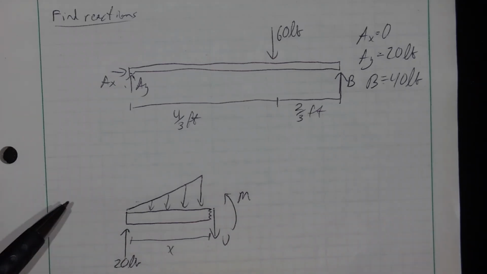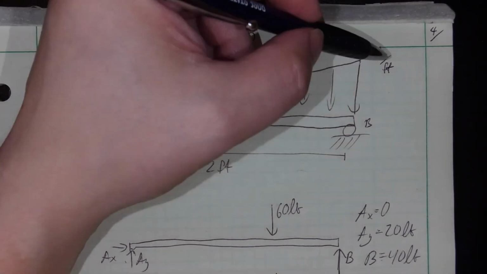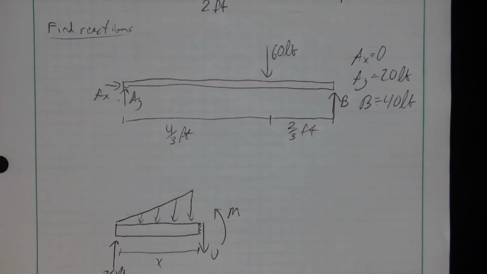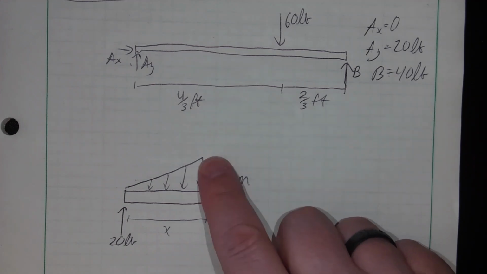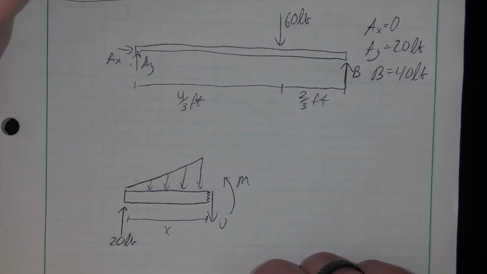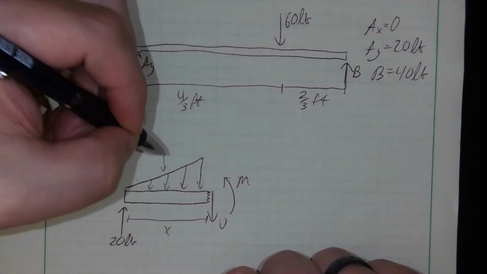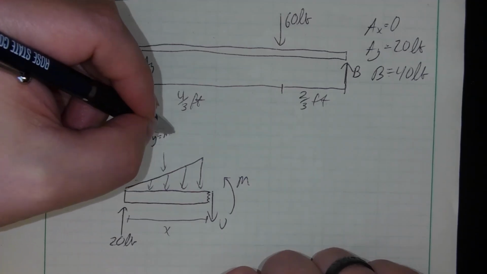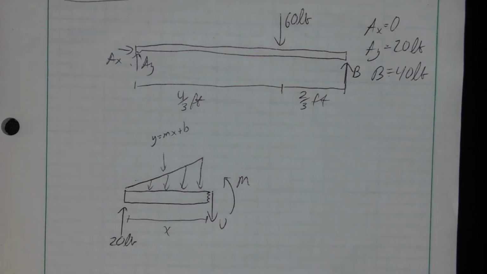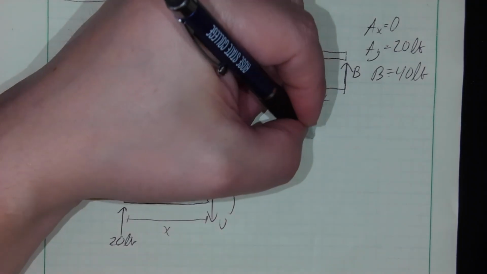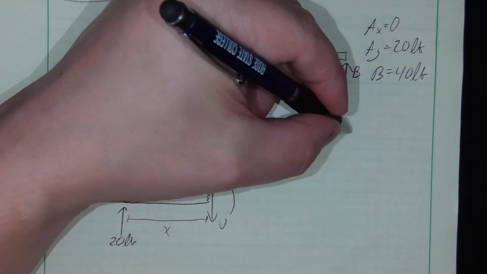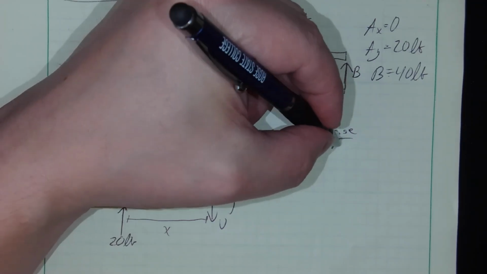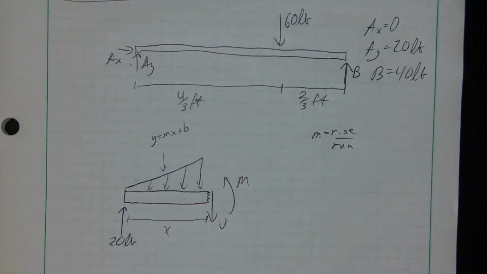And notice that up here, this goes from 0 to 60. But this is not 60. You're going to have an equation here of basically y is equal to mx plus b. It's a linear equation. Right? So m, of course, is going to be your rise over run.